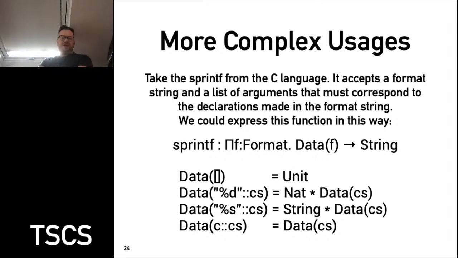And let's try to do this with dependent types now, because we actually can do that. For this, we need the format string to be a little bit more formal. We need it to be in a form where we can actually sequentially parse that.